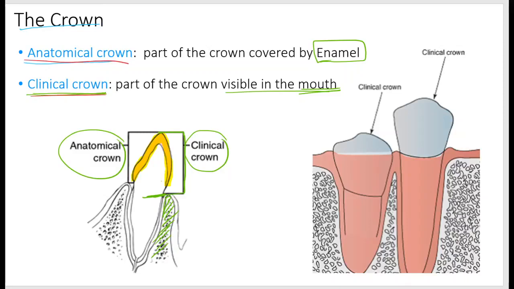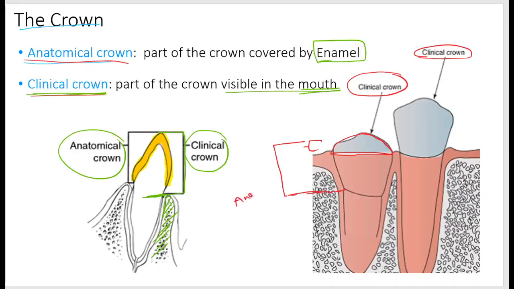You can see again, these are examples here on the side of the clinical crown, even though it's not showing. And same thing here, this is still clinical crown. So if this is the clinical crown, this is all the clinical crown, this small part. While this is the anatomical crown.